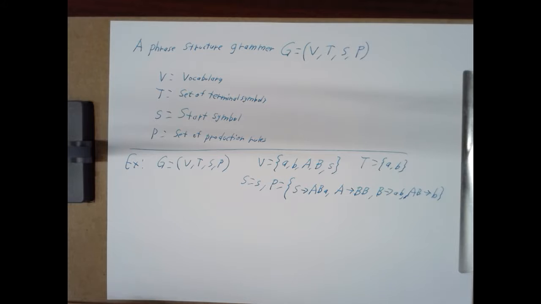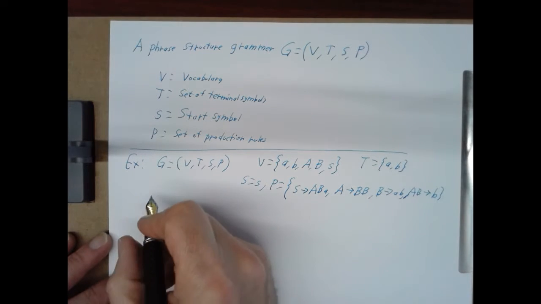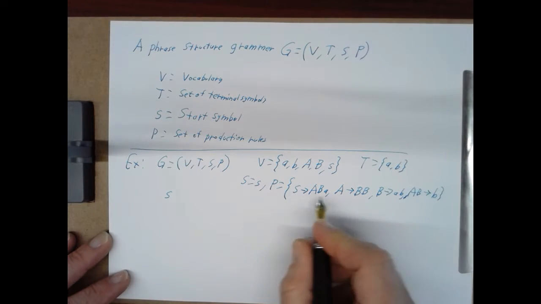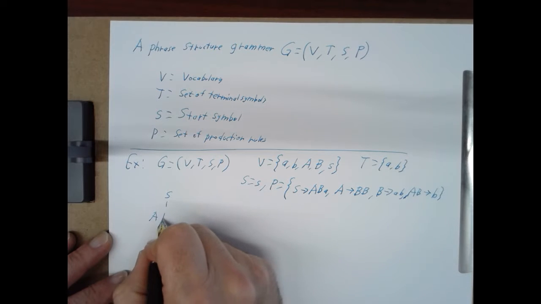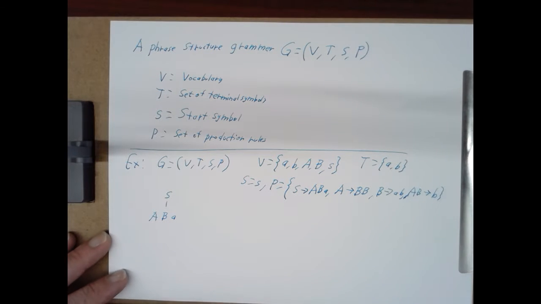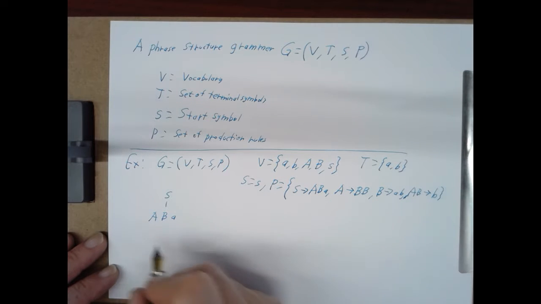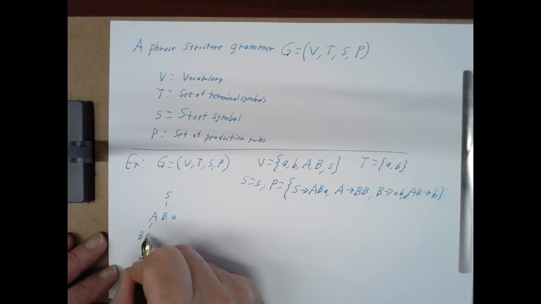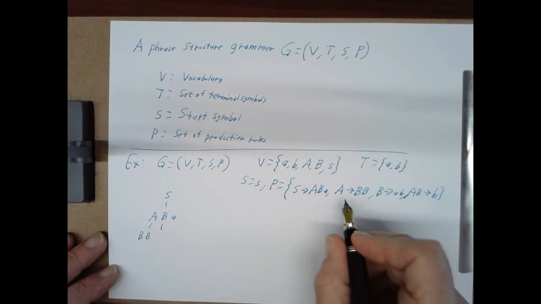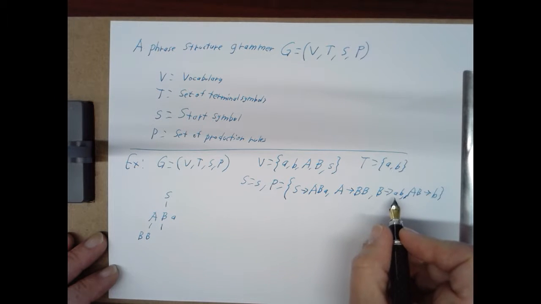So what these productions mean is that if we have an S, we can replace it with big A, big B, little a. If we have a big A, we could replace it with a BB. And if we have a big B, we could replace it with a, little b.